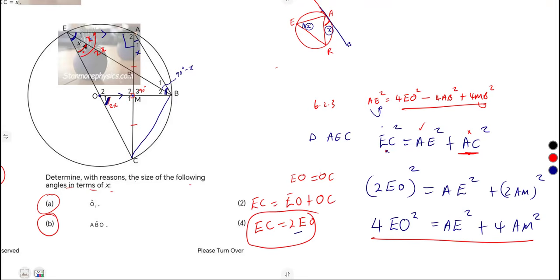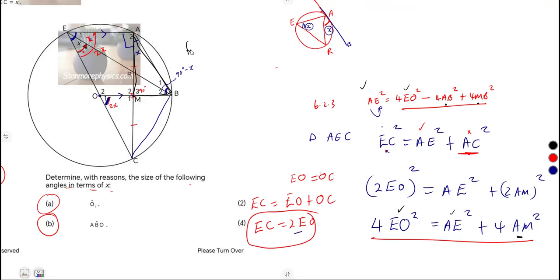This EO is part of my answer already here. I have it. A to E, I have it. But AM, I have to get rid of AM, from A to M, using what? AB and MB. So I'm going to use this right-angled triangle AMB, this one.